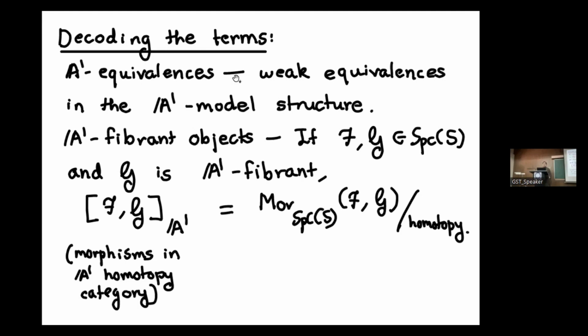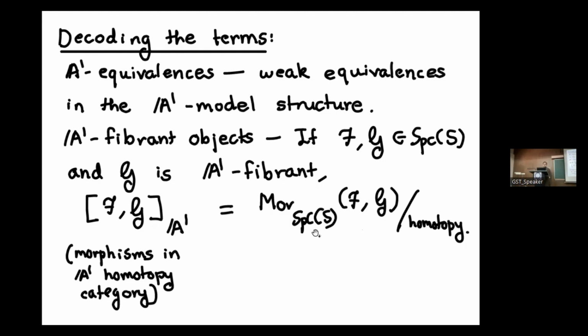It means that if F and G are simplicial spaces, and G is A1 fibrant, then the morphisms in the A1 homotopy category, which I'm writing as F comma G to distinguish it from the similar construction we did in the simplicial model structure, are equal to the morphisms from F to G in the category of spaces, modulo homotopy, in the sense of simplicial homotopy that we already talked about.